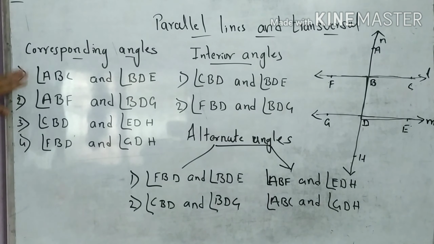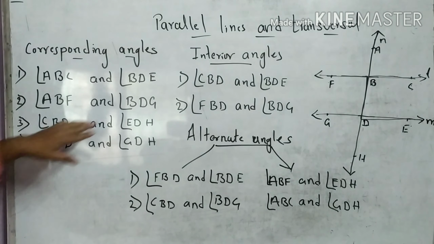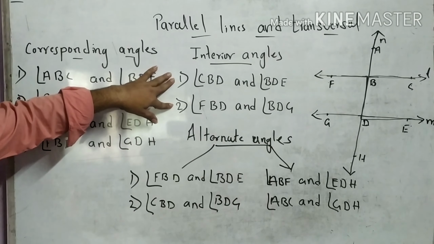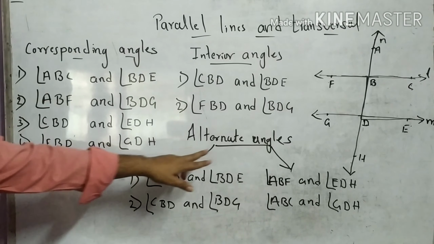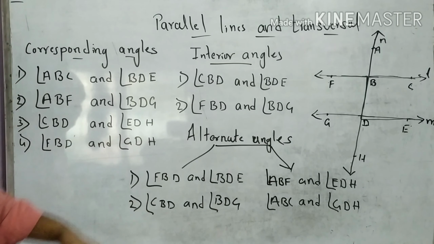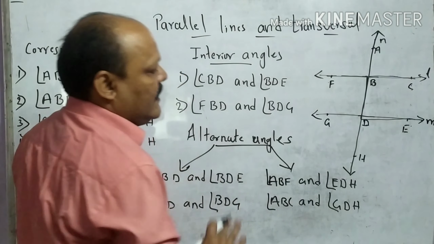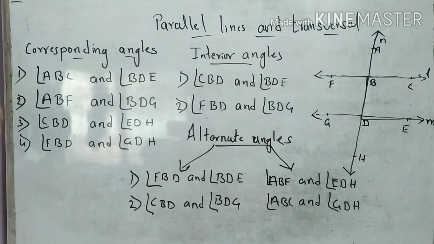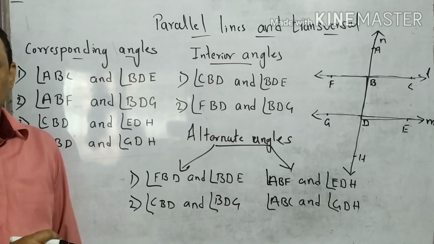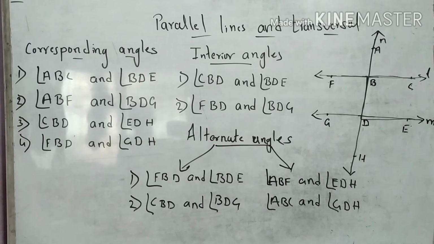That means there are a total of four pairs of corresponding angles, two pairs of interior angles. In alternate angles, there are two parts: this is the interior alternate angle and this is the exterior alternate angle. I hope all of you understood what I have explained about the types of angles. Now we'll go for the exercise.